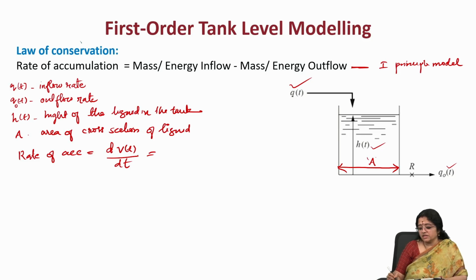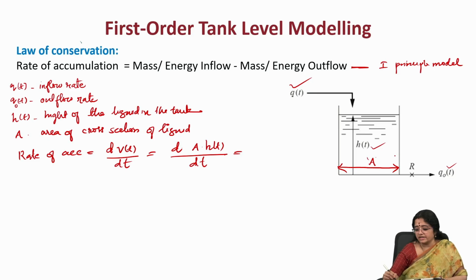The volume of the liquid in the tank can be expressed as A H of t, so this is d of A H of t by dt, where A is a constant because it is a rectangular tank. The area of cross section A is constant for a rectangular or square tank.